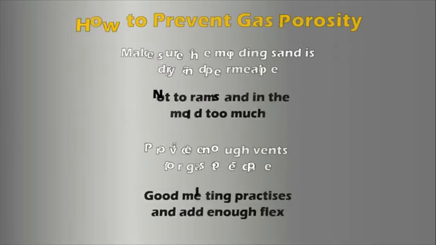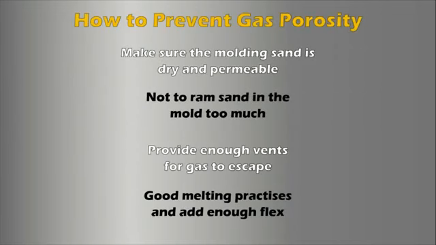How to prevent gas porosity? Avoid them by making sure the molding sand is dry and permeable. It should be noted that the coarser the sand is, the more permeable it is. Even using sand that is too fine can prevent optimal permeability. Additionally, sand molds that have been rammed too much lose their permeability, so it's important not to overdo it.